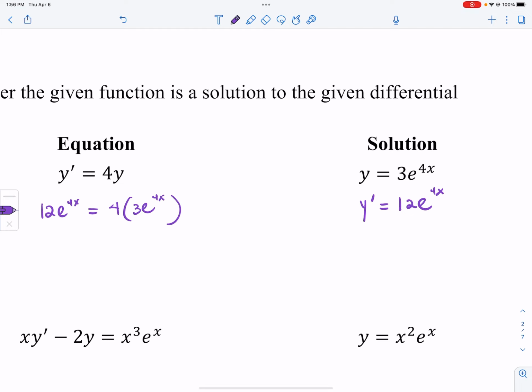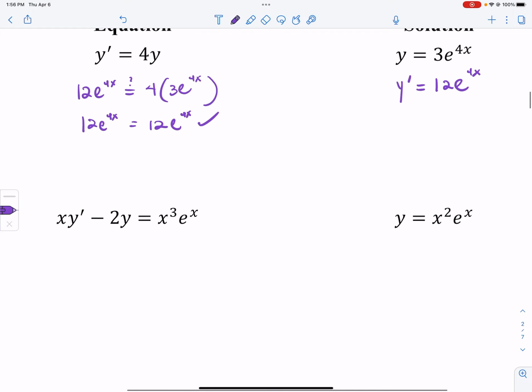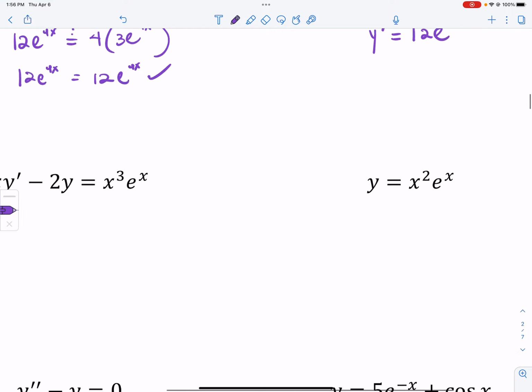And we think, are those equal to each other? Well, you could always simplify, and then you go, yes, those are equal to each other. Verified. Okay, so y equals 3 times e to the 4x power would be a solution to that differential equation.